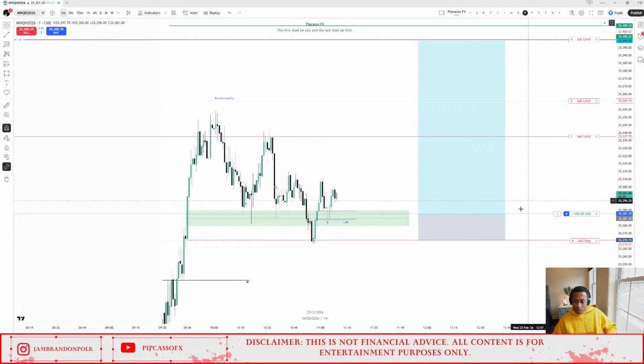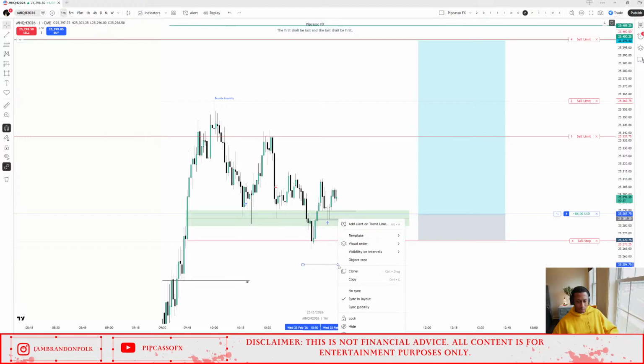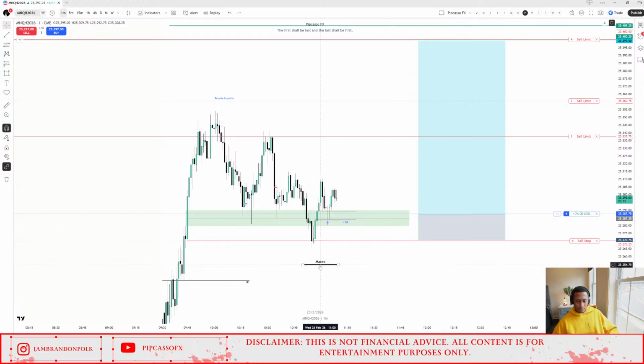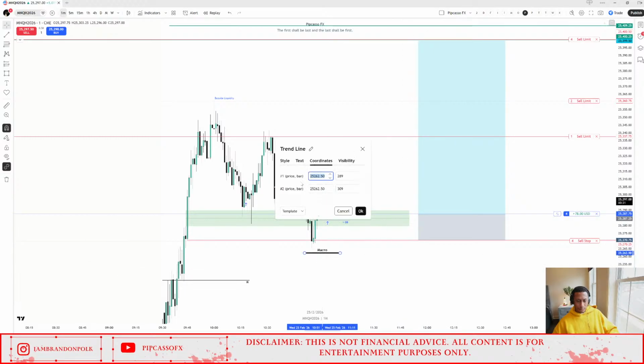Right now, we're inside of a macro, so I would expect us to start spooling. Spooling is moving, just consolidating. Very interesting to see.